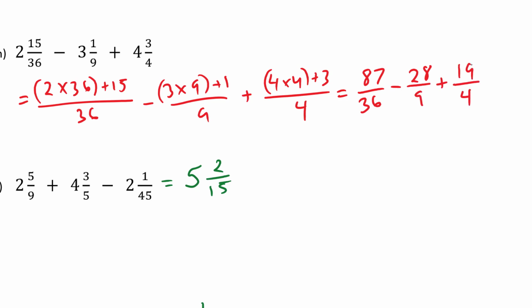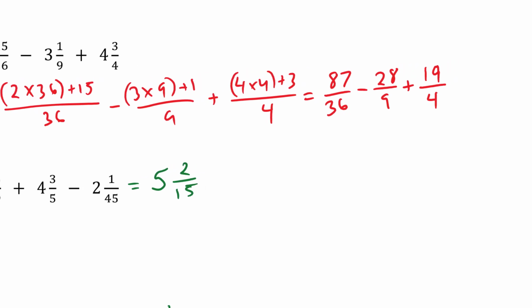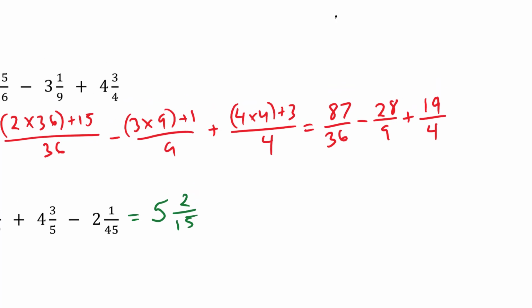Next up, we must find the lowest common denominator. Let's do some prime factorization then. We're going to have 4, 9, and 36. Break that down into its prime numbers. What's 36? 36 is 3 times 12. 12 is going to be 4 times 3.